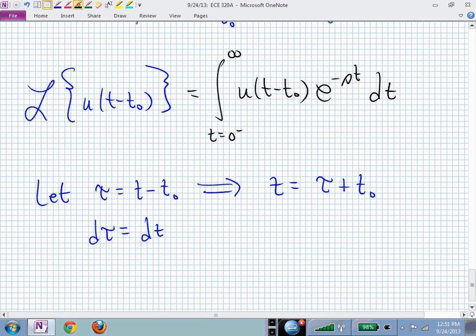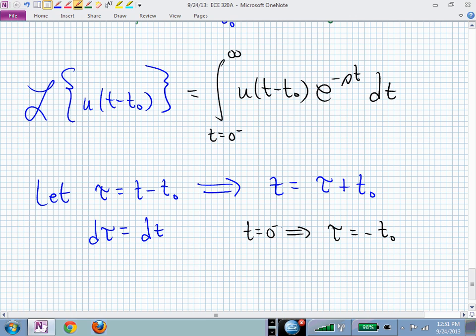Our limits on the integral to begin with were 0 minus and infinity. When t is 0 minus, what's tau? Minus t naught, isn't it?